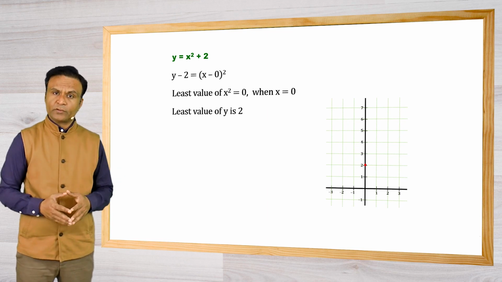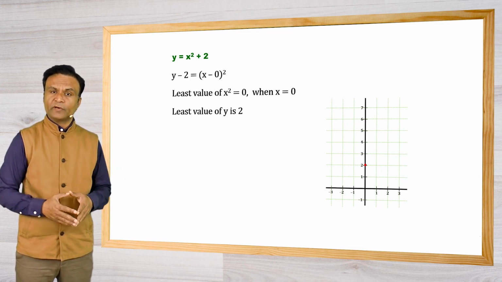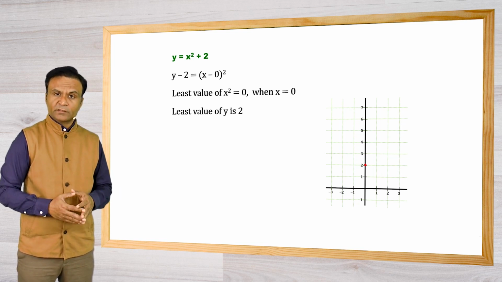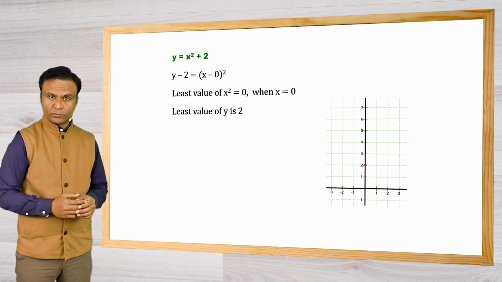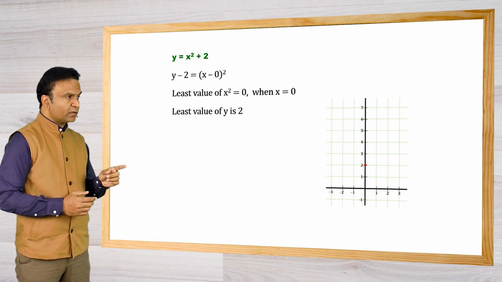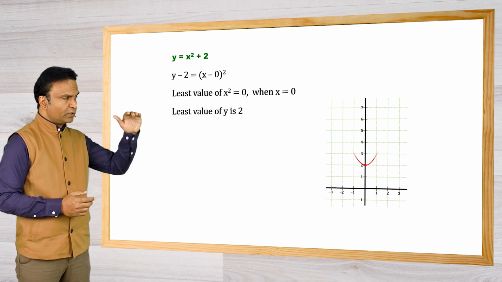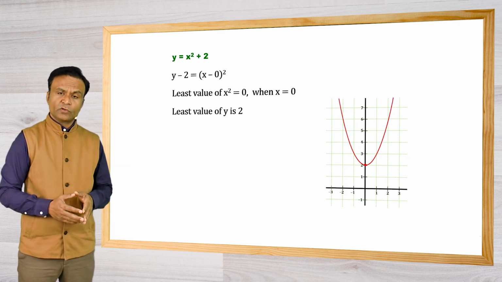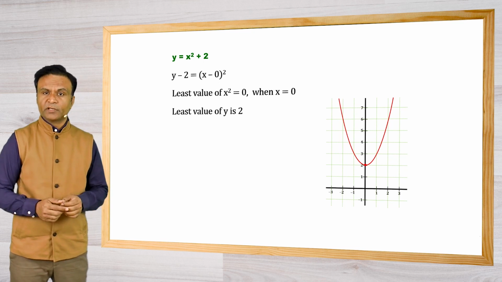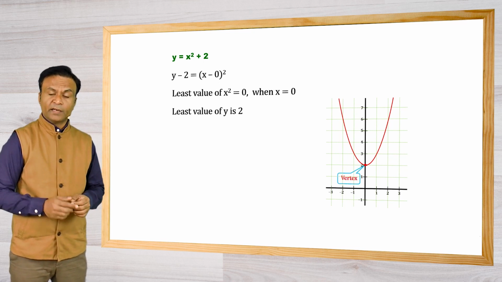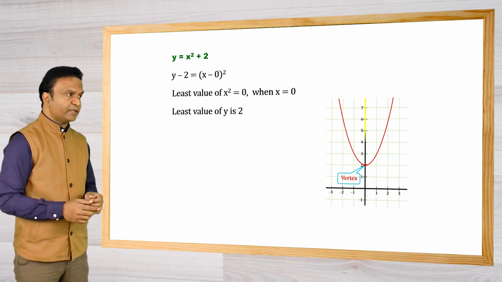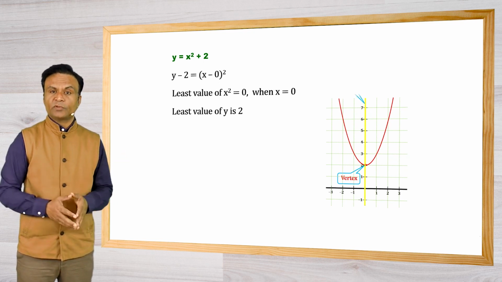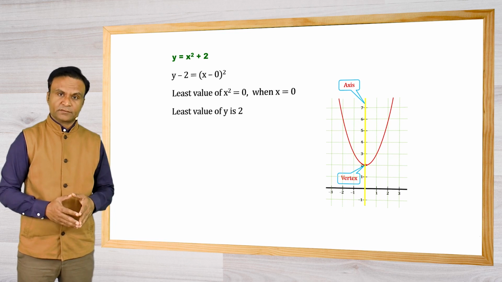This is the lowest point on the graph because the least value of y is 2. If you take any other value of x, the value of y is more than 2. So from this point the graph moves upward like this. Here (0, 2) is the vertex of the parabola and the graph is symmetrical about the y-axis. So in this case also the axis of the parabola is the y-axis.